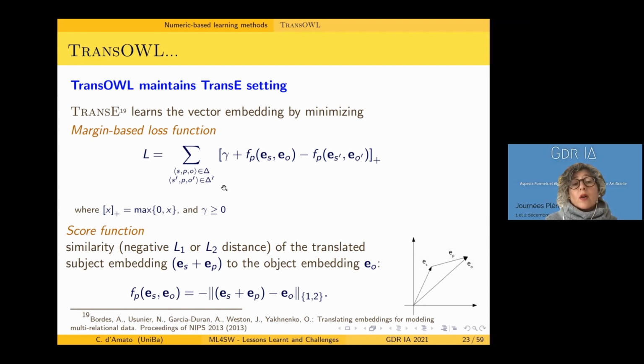And the score function is grounded on a notion of similarity of the translated subject embedding with respect to the object embedding.